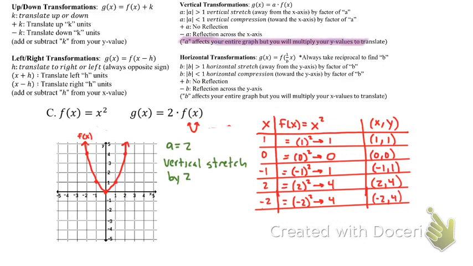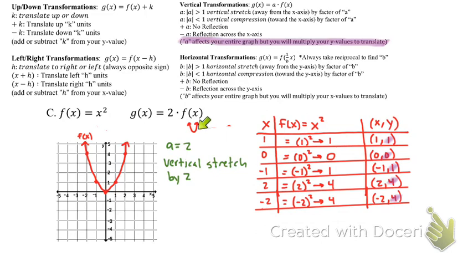You're going to take all your y values in the points that we have, and multiply those y values by a.